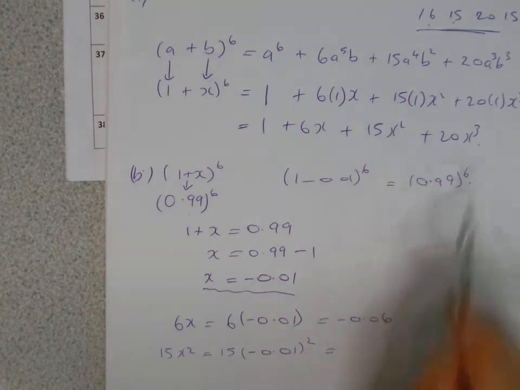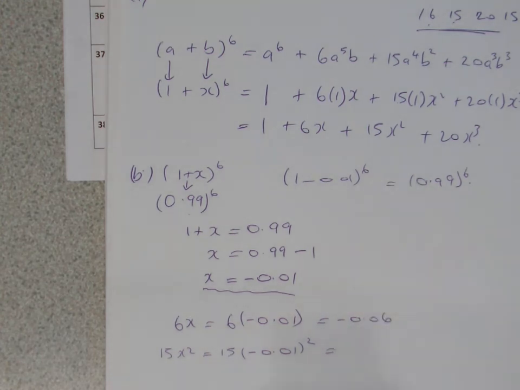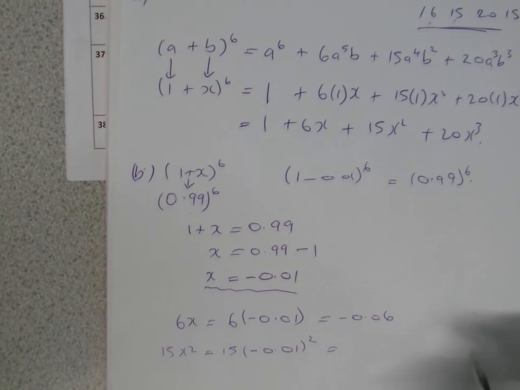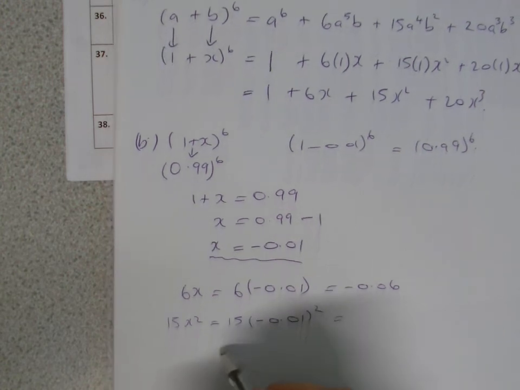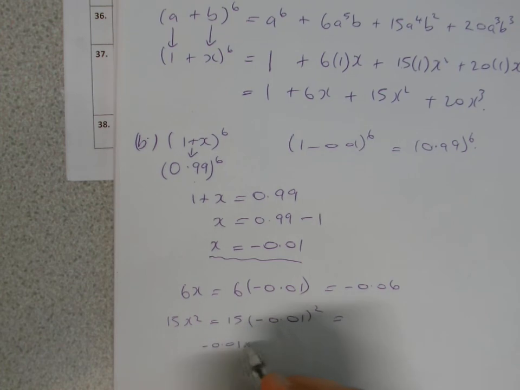This is how you're going to have to go about it: work out each term separately, and at the end put them all together. Here you've got to square this, so negative 0.01 times negative 0.01.